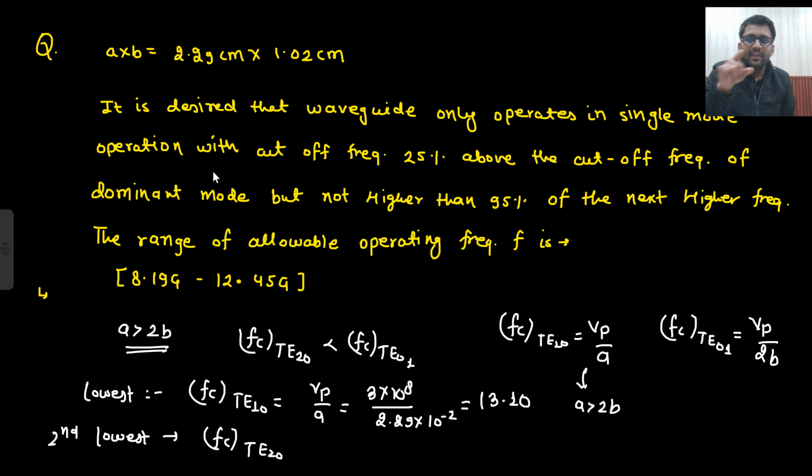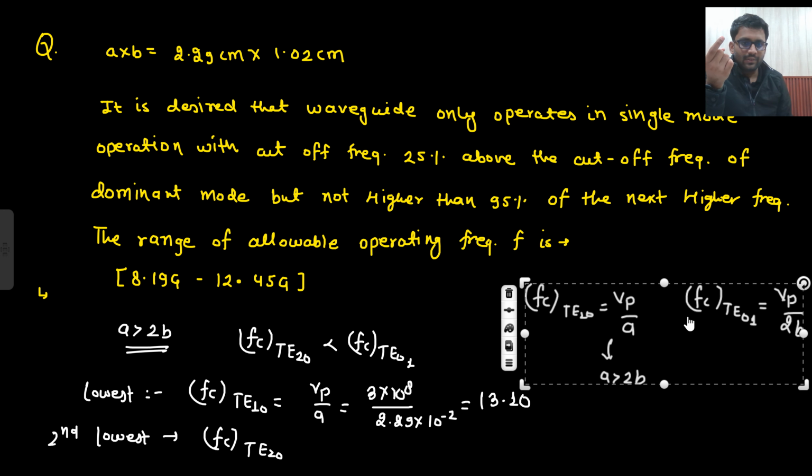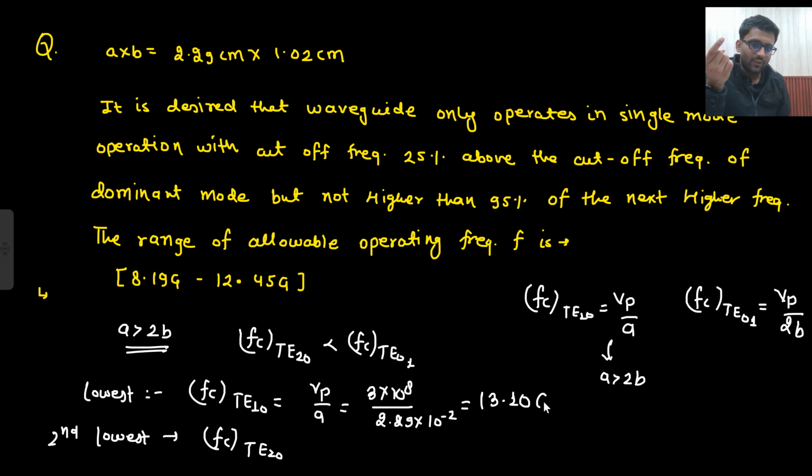So what they are saying is that it needs to propagate in single mode only, with the cutoff frequency 25% above the cutoff frequency of the dominant mode. So this dominant mode has a cutoff frequency of 6.55 gigahertz.